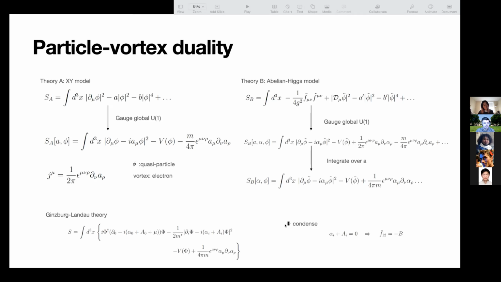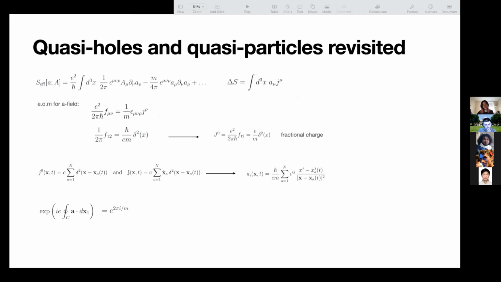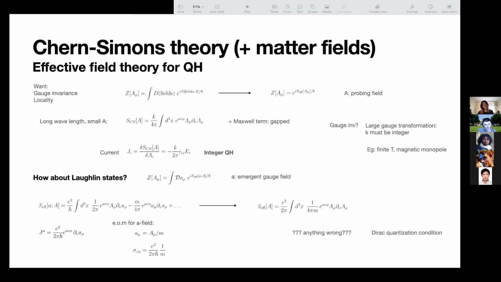Okay, and then the other question is, you were talking about the Dirac quantization condition being important, right? But of course, if capital A is supposed to be the physical electromagnetic field minus the magnetic field part, then, maybe this is too pedantic, but in a real sample, capital A should still have its quantization condition fixed, as in a normal charge one field, right?